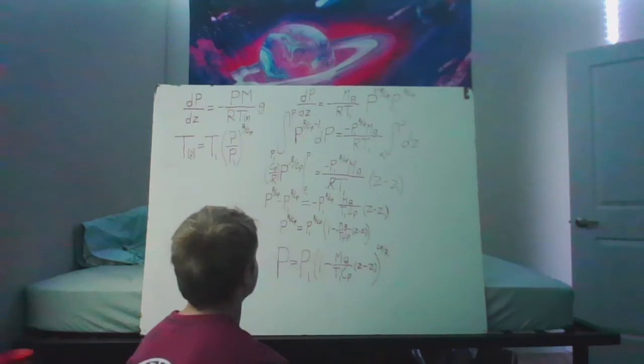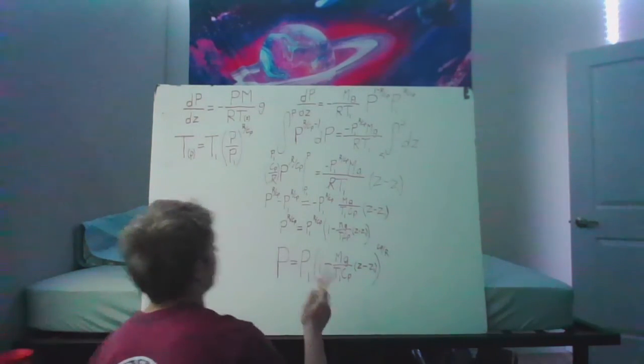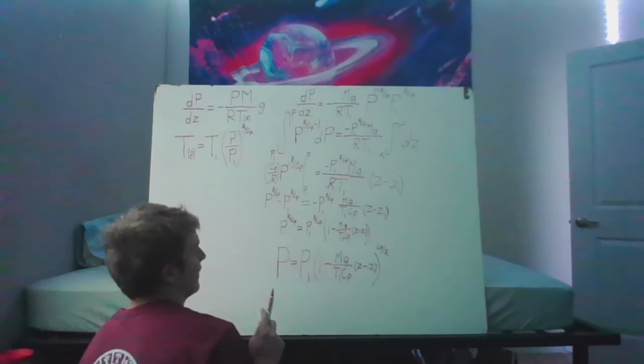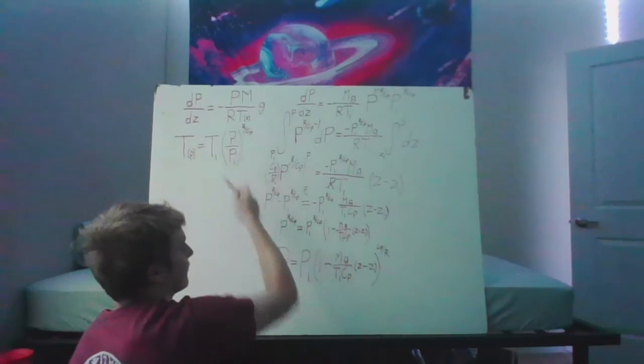And now, all I have to do to get our temperature is plug this in up here. So what we can do is divide our P1 on both sides of this equation, and we will get P over P1.